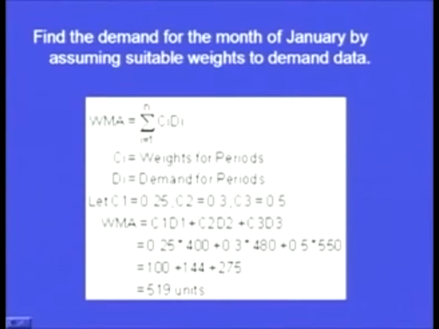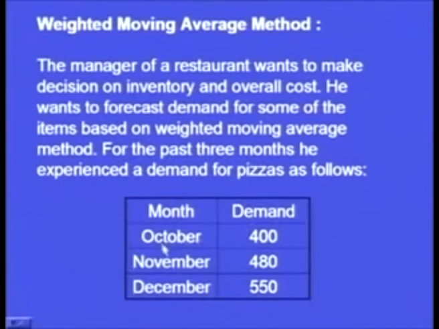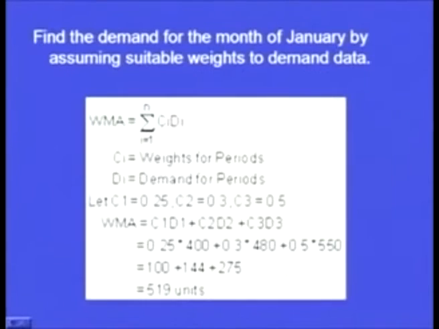Now C1, as we have already assumed it to be 0.2, we can say 0.2 multiplied by 400. So 400 is the demand for the first month. So just we go to the previous slide. For October we have 400 as the demand. So D1 is 400, D2 is 480, D3 is 550.